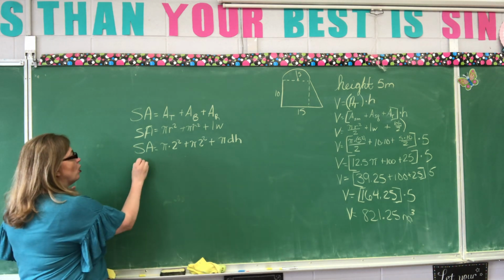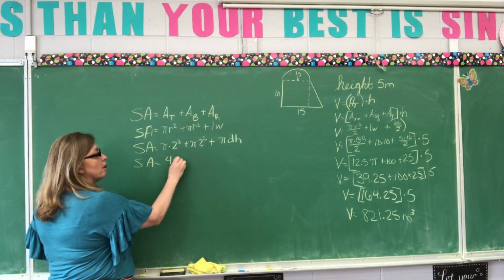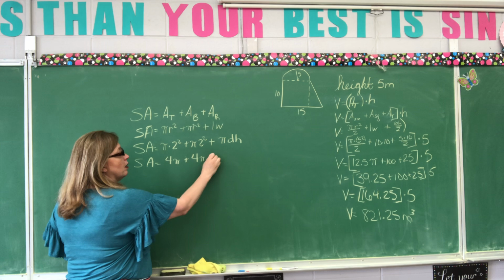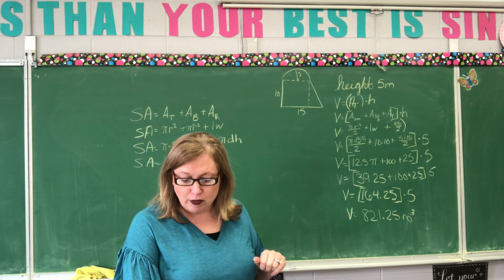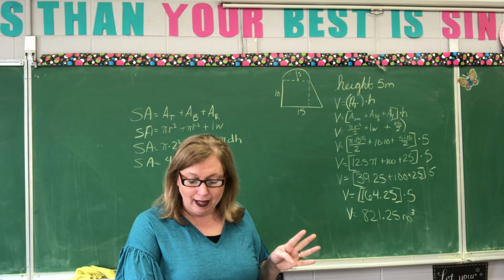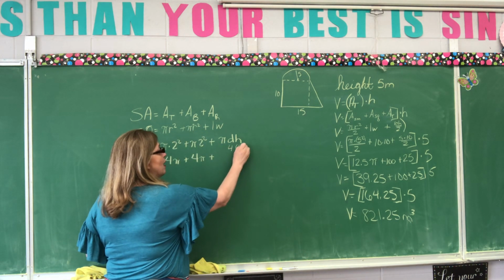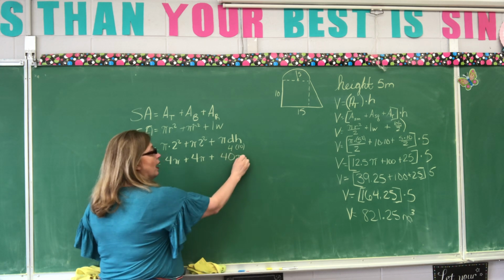Now let's multiply this out. We have 4 pi plus 4 pi plus, I didn't fill those in, the diameter of this is a 4 and the height is 10. So if this was a 4 and this was 10, what would I have? I would have 40 pi.